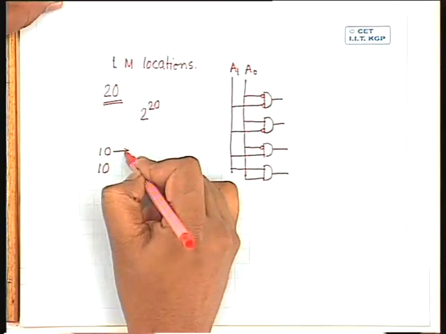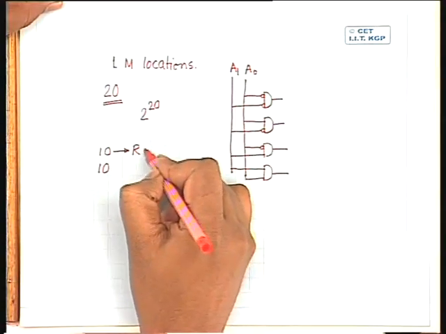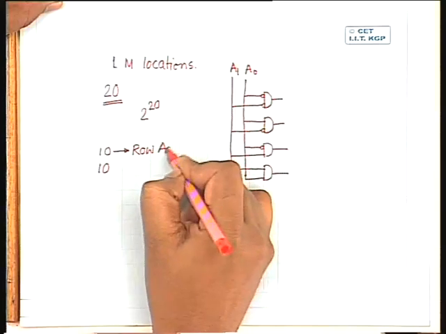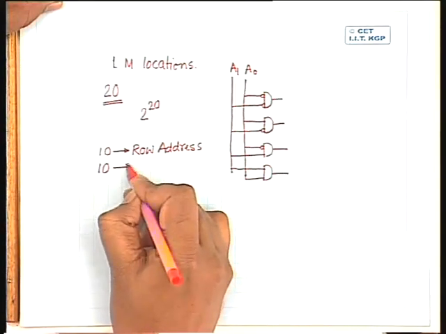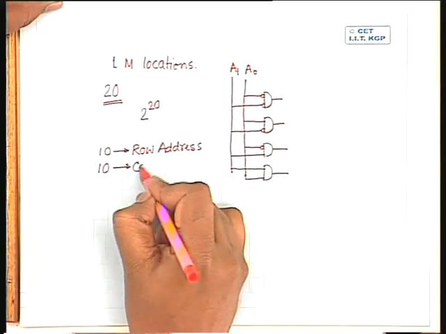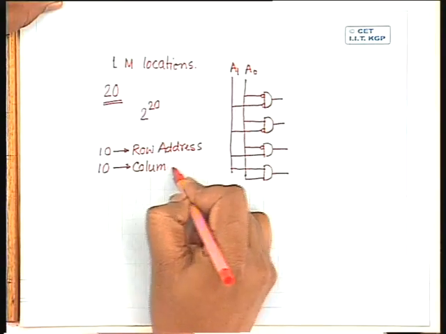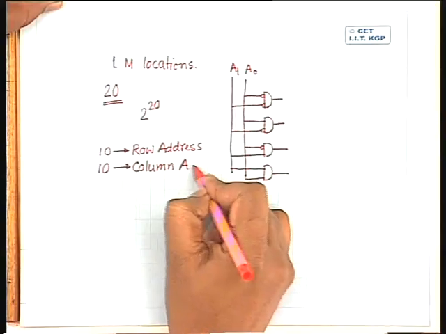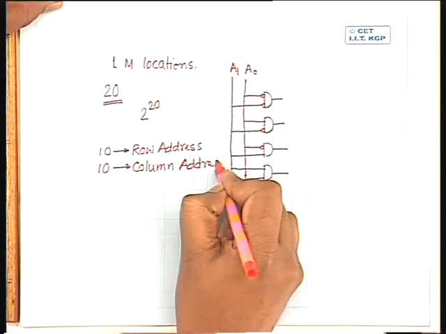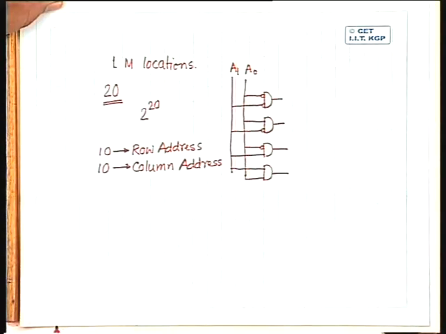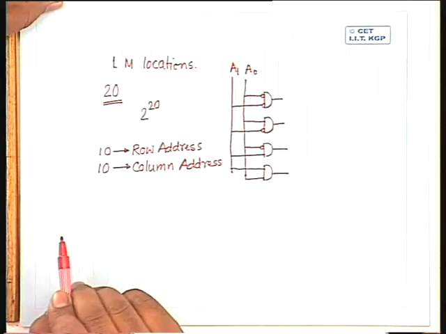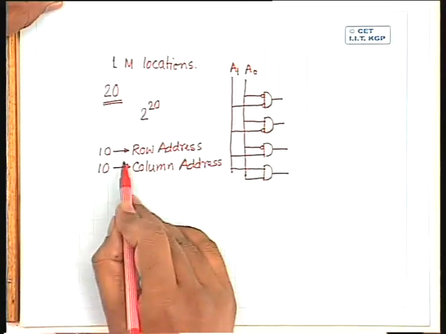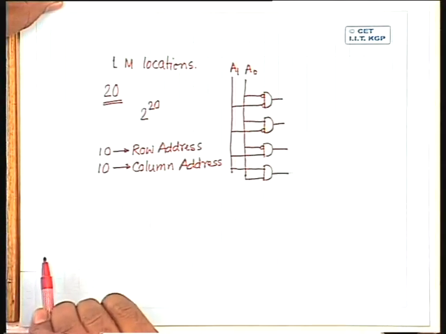Out of these, I will consider 10 address lines as the row address, and the other 10 address lines I will call the column address. Accordingly, I will have 2 decoders: one called the row address decoder, the other the column address decoder. So the decoder complexity will come down drastically.